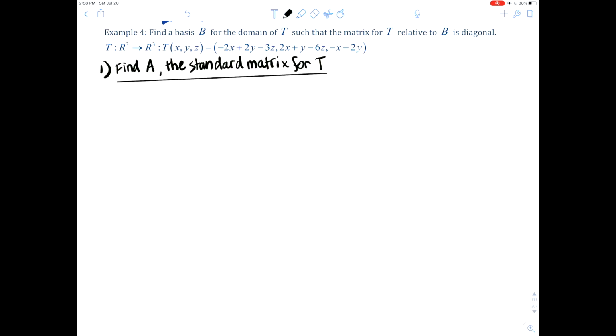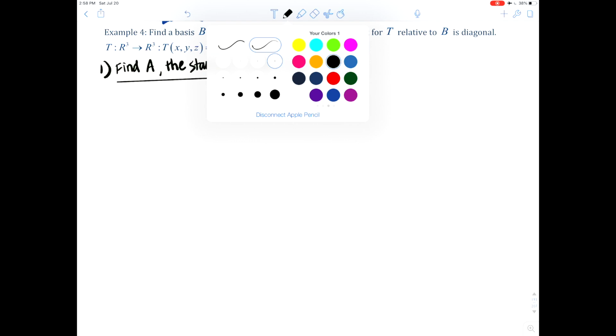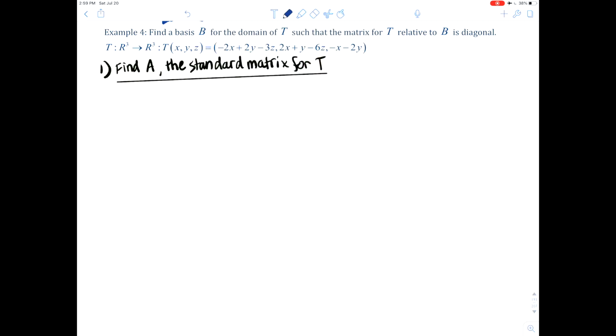Cool? So, how did we do that? Beautiful. We needed to find the linear transformation at E1, E2, and E3, the standard basis vectors for R3, right? So let's do it. T at 1, 0, 0 is equal to what? Let's see, we'll get negative 2, 2, and negative 1.